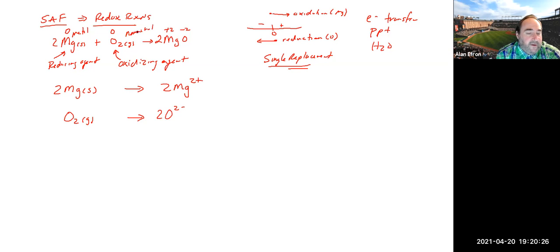Whenever a metal and a non-metal get together, it's a pretty good sign that we're going to get that transfer of electrons. So this is almost for sure going to happen. You don't really have to worry too much about whether this reaction would take place.